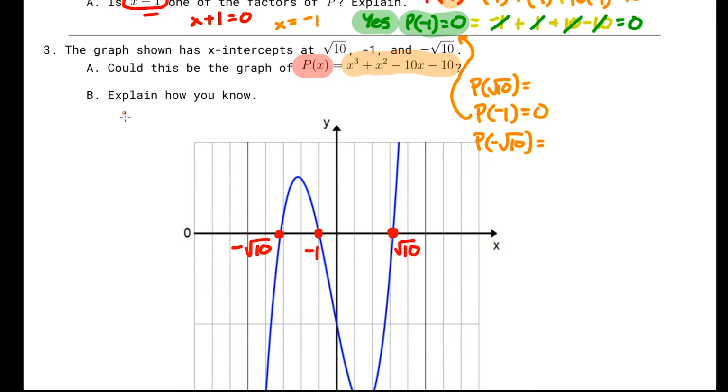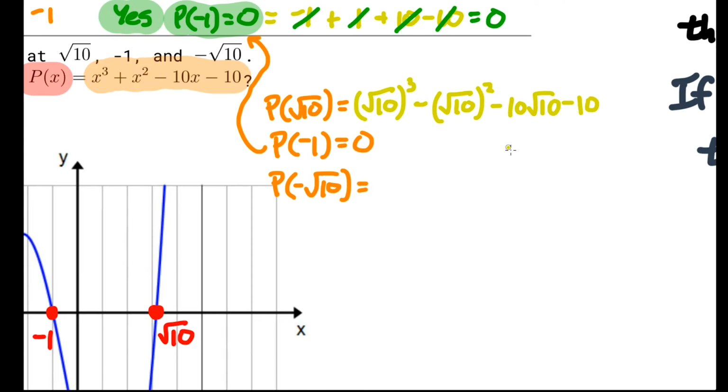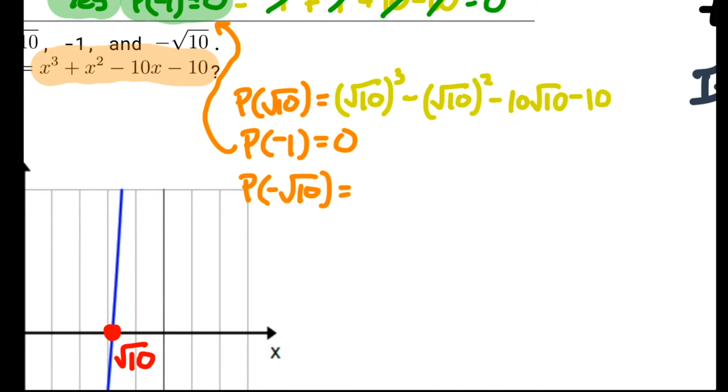To do that, I am just going to plug it in directly and hope that the math comes out a little pretty. We have the square root of 10 cubed, minus the square root of 10 squared, minus 10 root 10, minus 10. Well, this one actually simplifies pretty easy. Root 10 times root 10 times root 10 is just going to be 10 root 10.